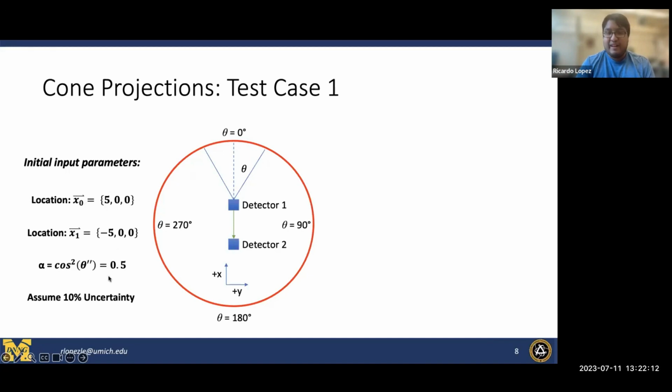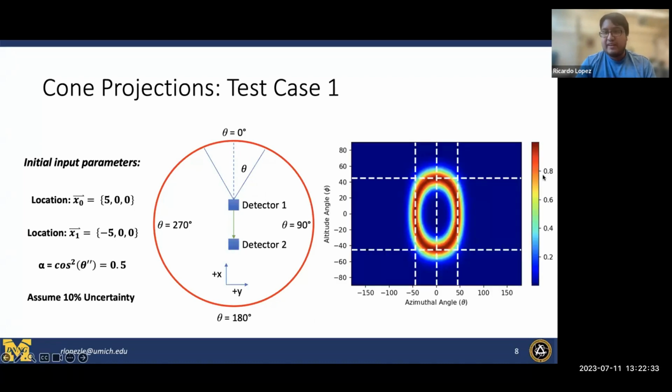Let's say that based on the energy deposited, we end up getting an alpha value equal to cosine squared of theta of 0.5. And then finally, we assume 10% uncertainty in all the factors, which we can plug into the Gaussian expression as before. What does the cone end up looking like?